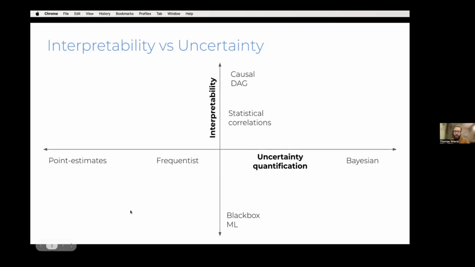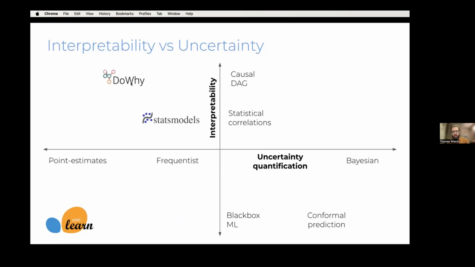And now, once we have established this, we can map things into this. So scikit-learn, for example, gives me point estimates and has black box machine learning algorithms for the most part. Then there's conformal prediction, which still is black box machine learning, but it actually allows you to do uncertainty quantification. Statsmodels is modeling statistical correlations in a frequentist framework.